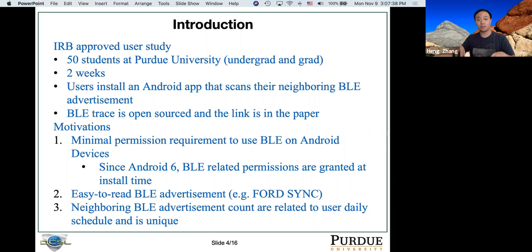It's related to how many BLE devices are in your workspace, as well as how many colleagues or people are around you. And this is pretty much consistent with your schedule. So basically, using the BLE count, can we trace the user? Can we do some identification of the user? That's a question we're trying to understand.